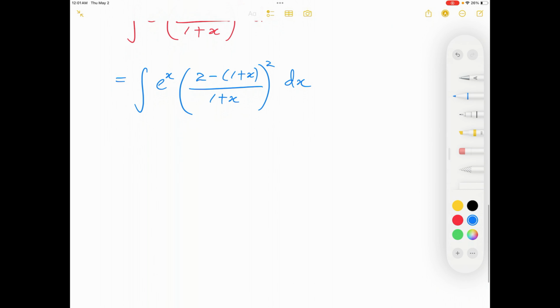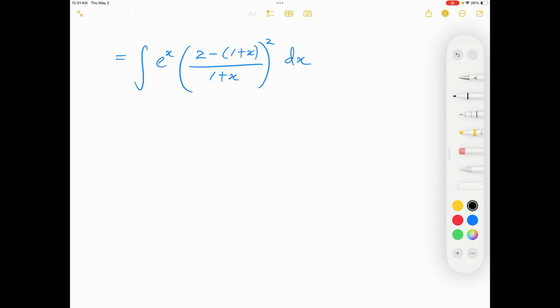Alright, and then I'm going to expand this numerator using a minus b raised to the second power. We know a minus b raised to the second power is equal to a squared minus 2ab plus b squared. We can use that expansion and expand 2 minus 1 plus x, everything raised to the second power, by taking a equals 2 and b equals 1 plus x.